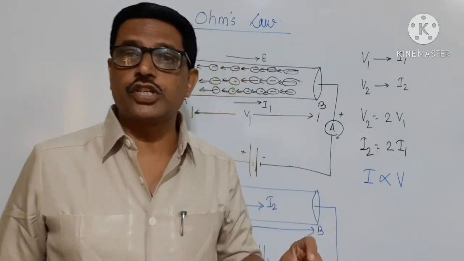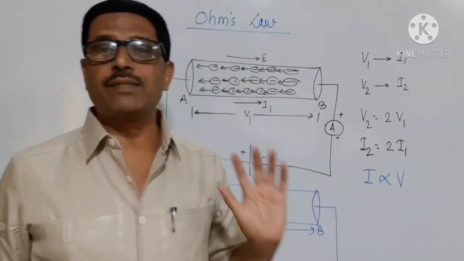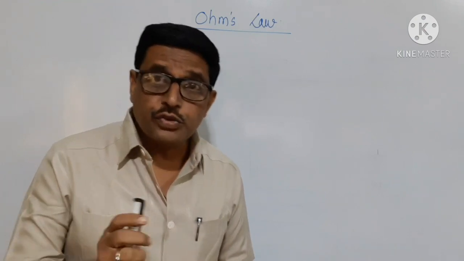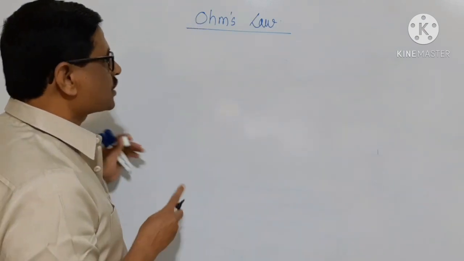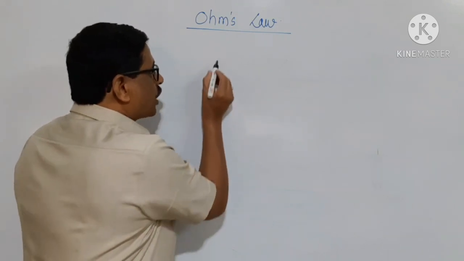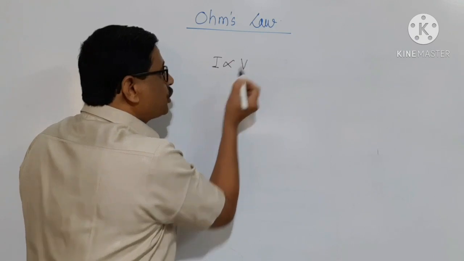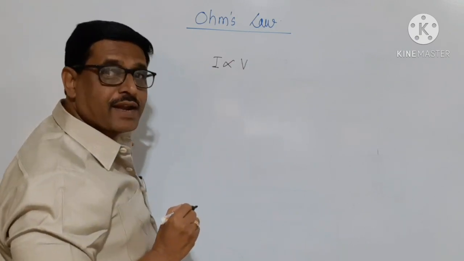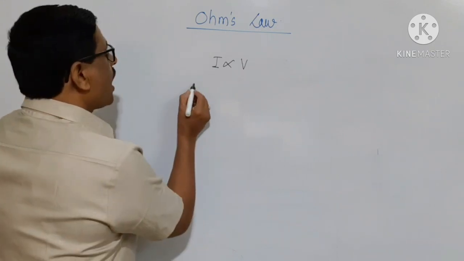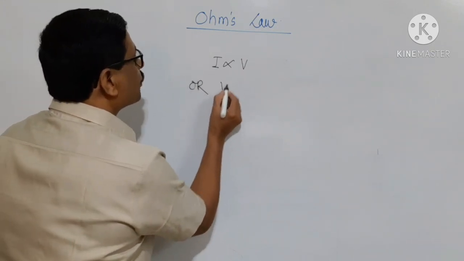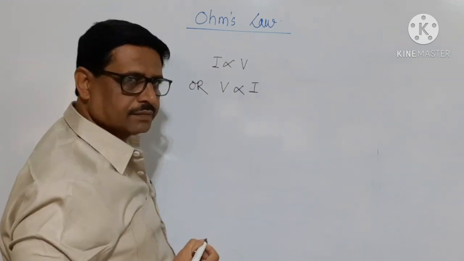This is the relation between the current and the potential difference given by Ohm's law. According to Ohm's law, as far as the physical state of the conductor remains the same, the current flowing through the conductor is directly proportional to the potential difference across its ends. Or I will write, the potential difference is directly proportional to the current.